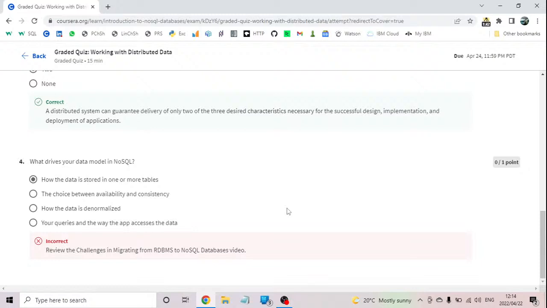So it can't be that. Okay, well, surely it can't be the way the data is denormalized. Otherwise, I just don't have a clue what denormalized means. Do I just not know what denormalized means?